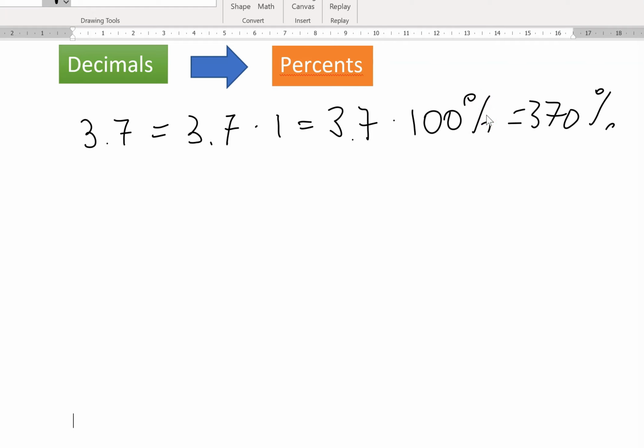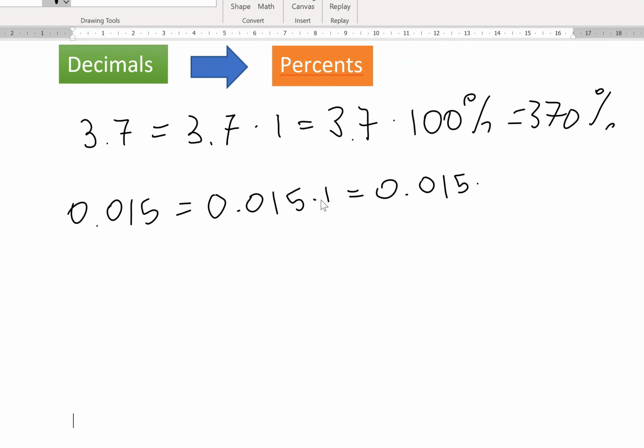Another example, 0.015 equals the same thing. You consider multiplying 0.015 by 1, so it's nothing, it's just a trick. And consider the 1 to be 100%.